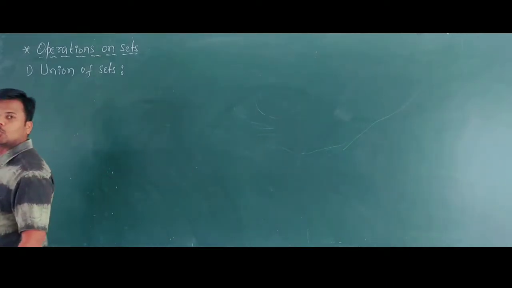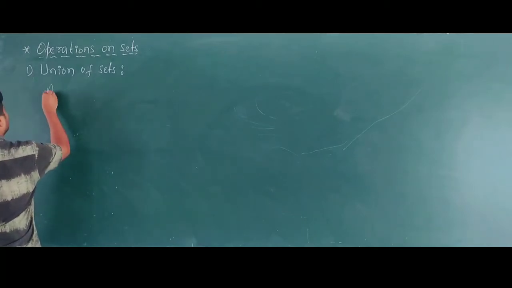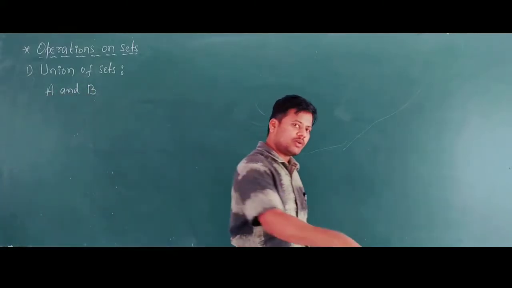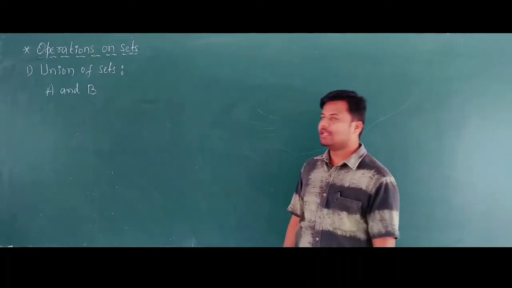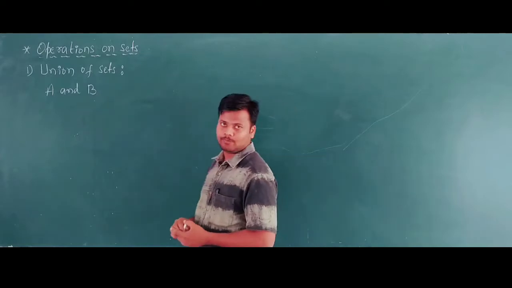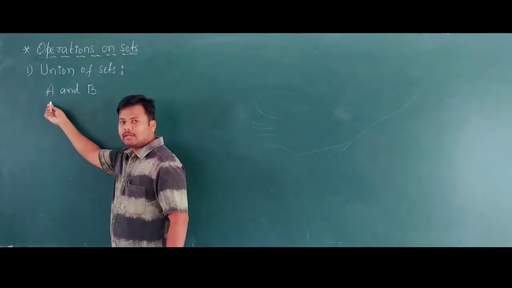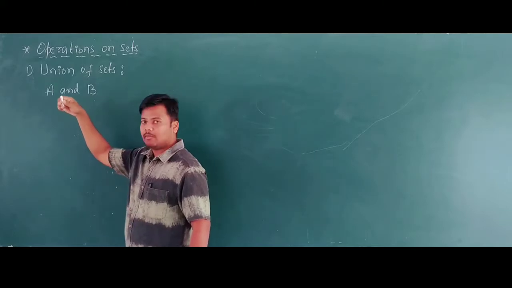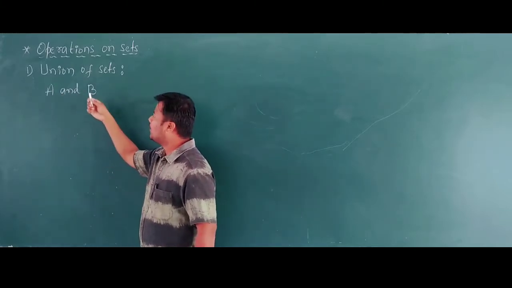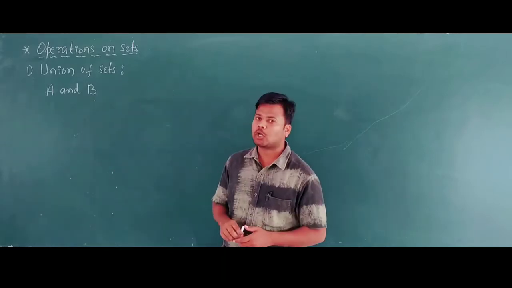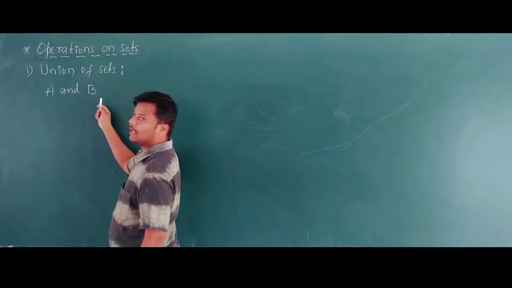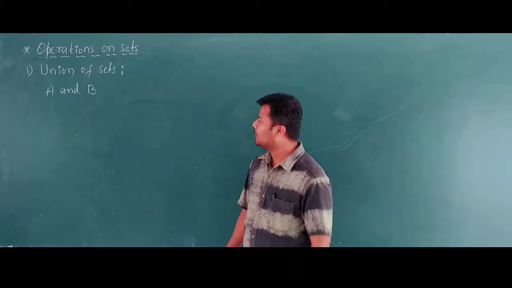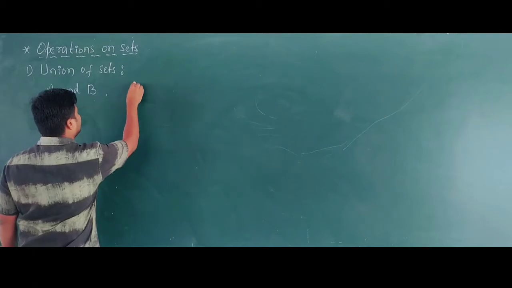Consider two sets A and B. The union of A and B is also a set, which consists of all the elements of set A and all the elements of set B. And the common elements of A and B are taken at one time only. The union is denoted by this symbol.